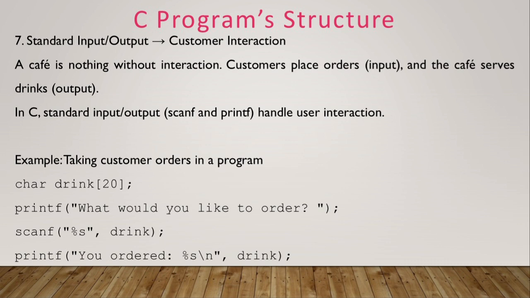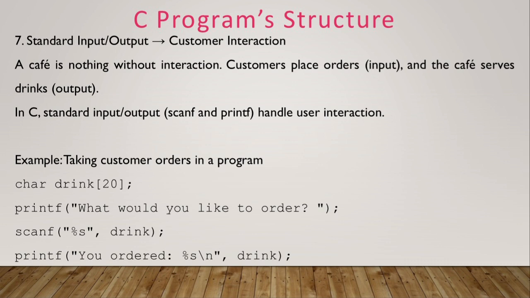Then you raise your hand and ask a question, that is output from your part, and I listen to your problem and answer, that is input and output. Customer interaction is the same. A cafe is nothing without interaction. The customer places an order, input, and then the cafe offers a drink.